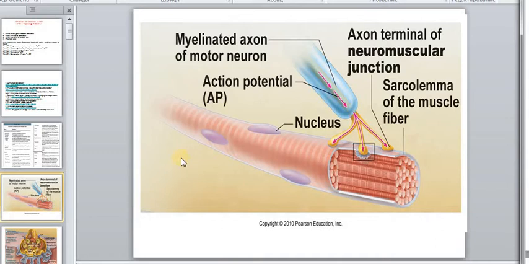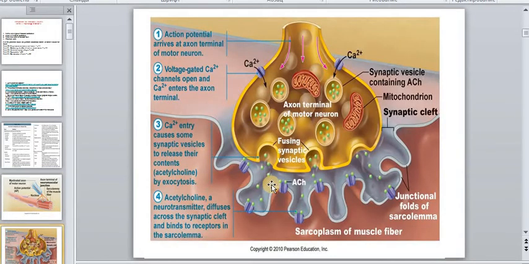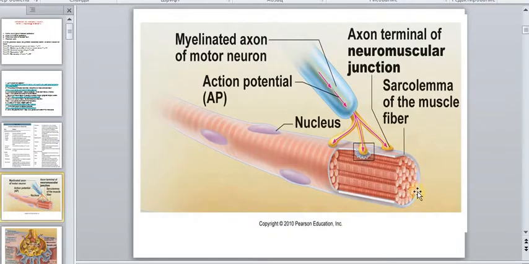Contraction of muscle is connected with the appearance of the action potential on the membrane of muscle fiber. Thanks to the synapse, the action potential can conduct along the sarcoplasmic reticulum and move inside of muscle fibers.